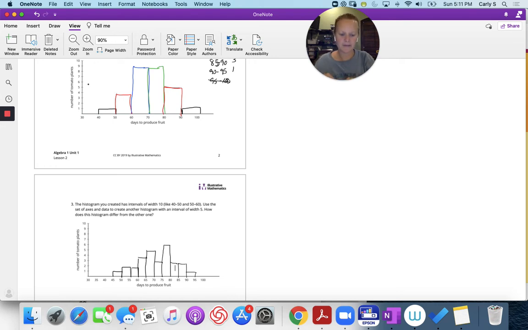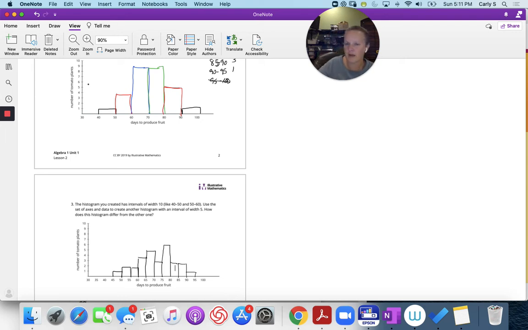Let me think for a minute. Well, it shows more detail, right? There are more bars along the horizontal, okay, with shorter heights. The heights are actually shorter. Shows a little more detail, okay?